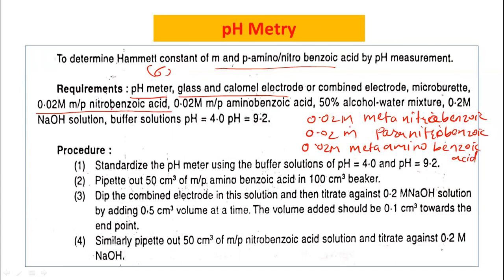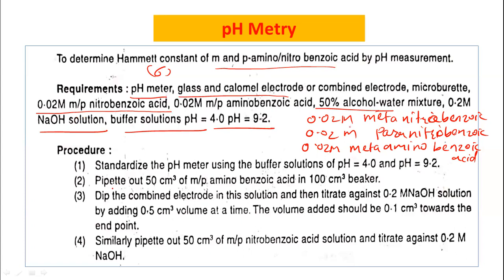So here we require the meta nitro or para nitro benzoic acid solutions. Then we require 50% alcohol to prepare these solutions, 0.2 molar sodium hydroxide solution for titration, and a buffer solution to standardize the pH meter.